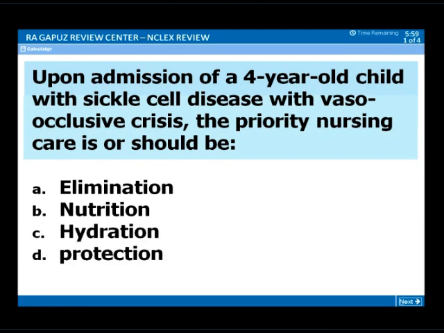Remember, when a client has vaso-occlusive crisis, the main problem is that your blood vessels get clogged up with a thrombus formed by your sickled red blood cells that cling together and may potentially obstruct the passageway of blood. Then that makes a client more at risk for a cerebrovascular accident. So, to prevent that from happening, always remember the concept hydration. So the best answer for this question is letter C.